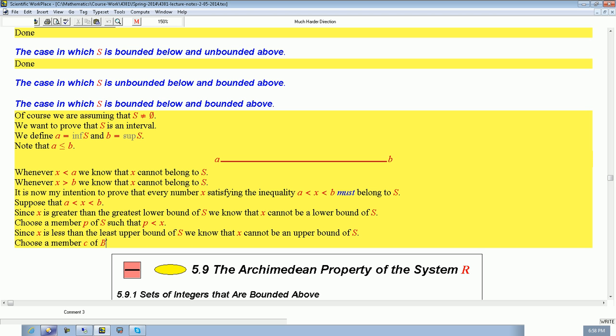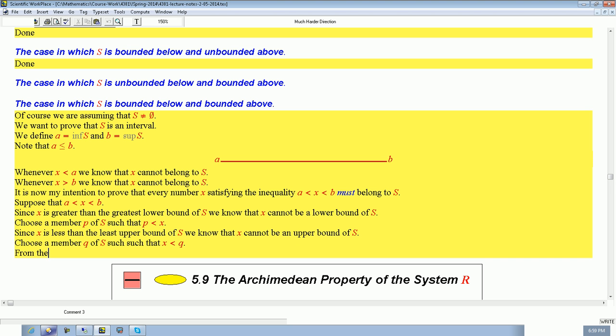Once we used P, let's use Q now. You can use any name you like except A or B or big S or X, because those are in use. Or P. Choose a number Q of S such that X is less than Q.